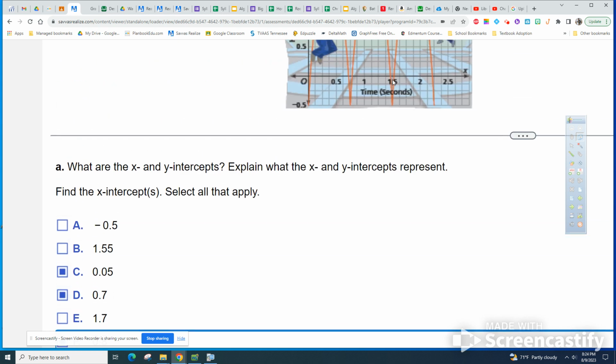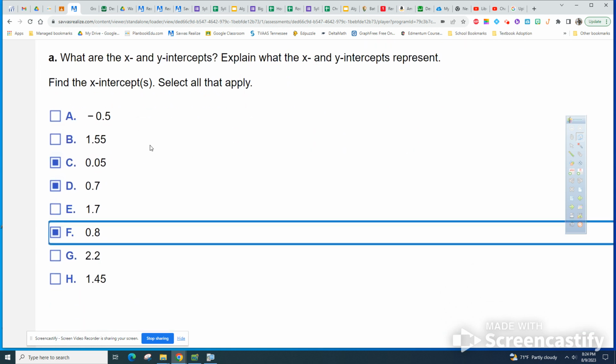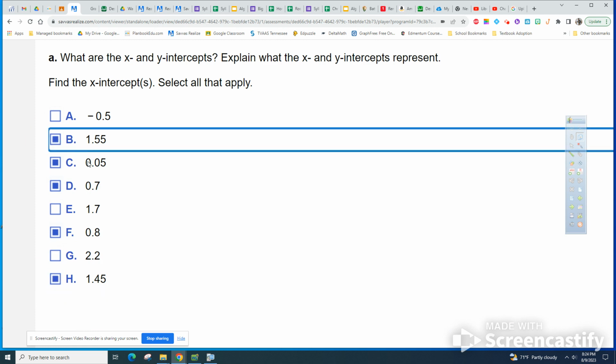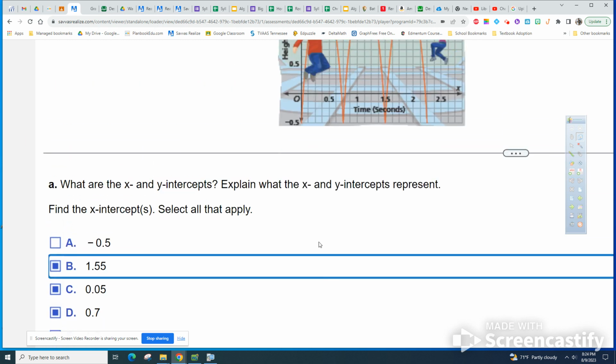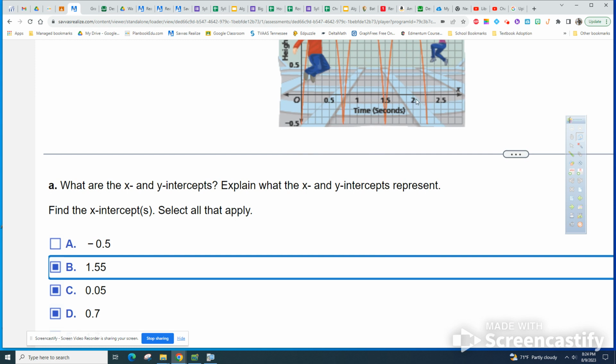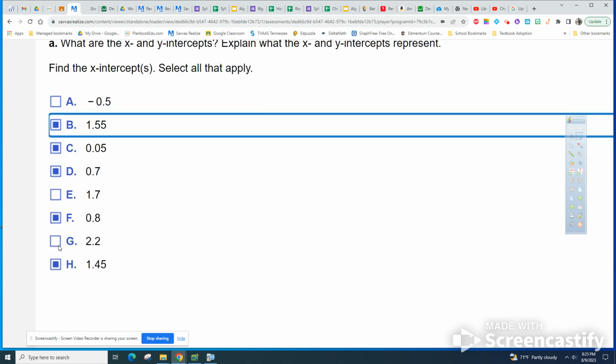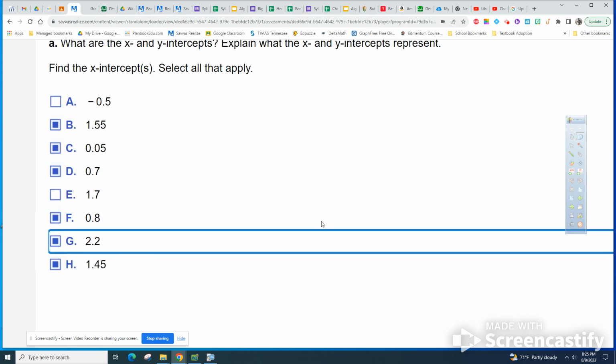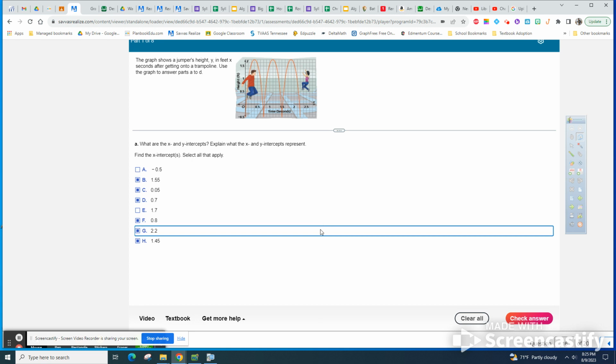Okay, and then 1.5, so that's going to be just before 1.5 and just after 1.5. And then 2.25, but just below that would be 2.2. Okay. So that's where it goes there.